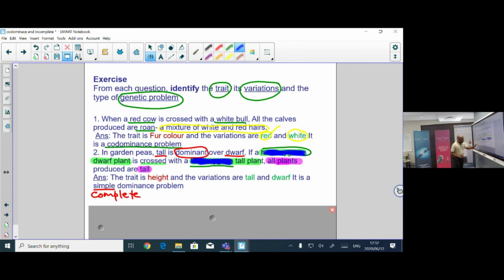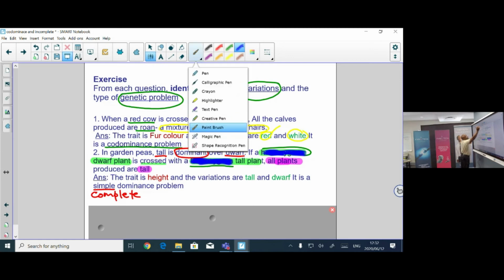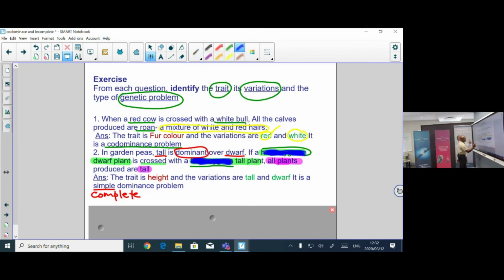Trait, height; variation, tall and dwarf. Problem, I can still deduce that it's a simple or complete dominance problem. Making sense? Hopefully. So, thank you very much.